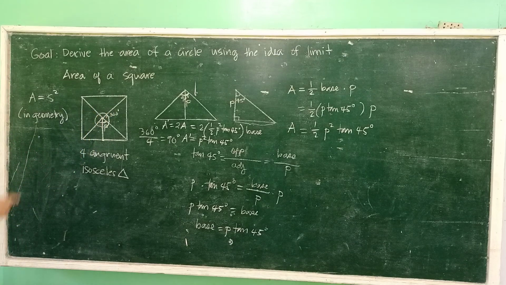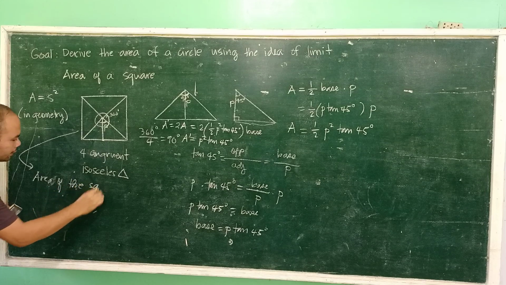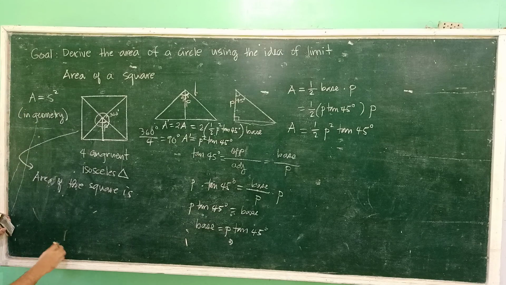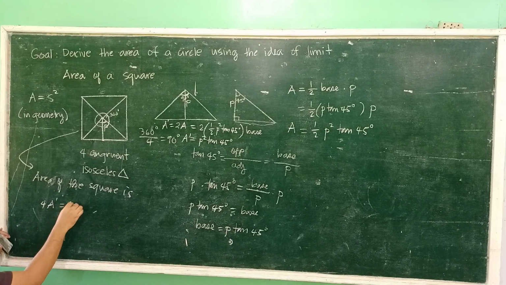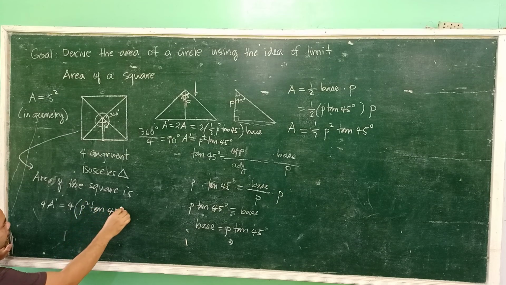So therefore, the area of the square is 4 times A prime, which is 4 times P squared tangent 45 degrees.